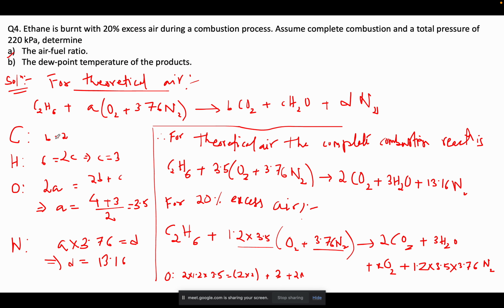So the next part is to calculate the dew point temperature of the product. Now how to do this?